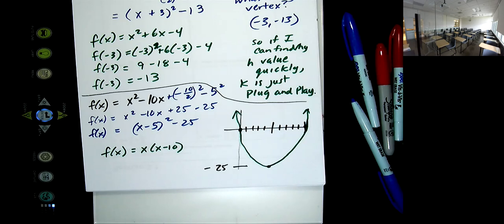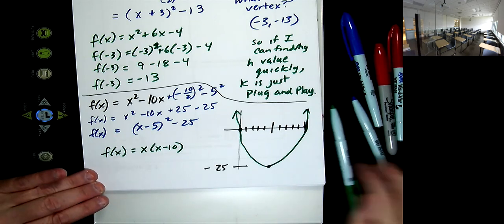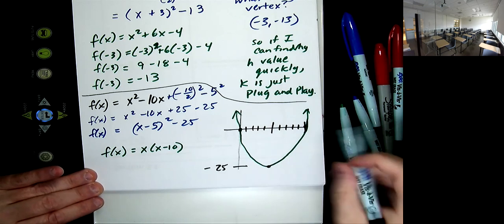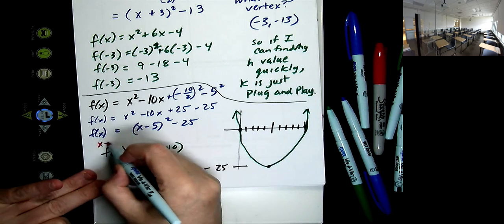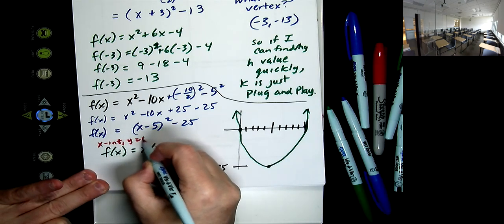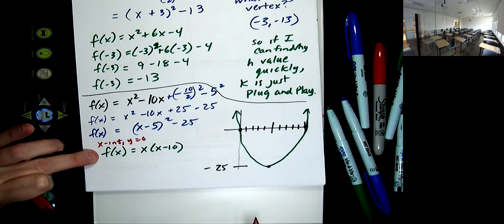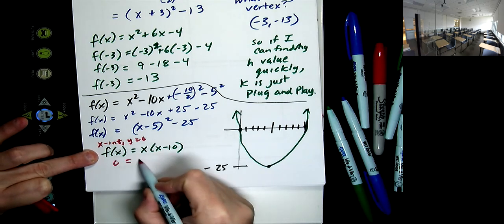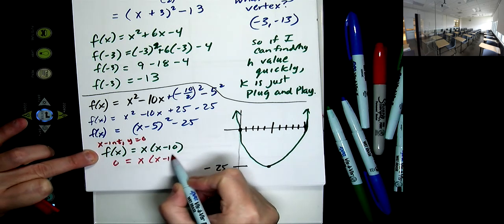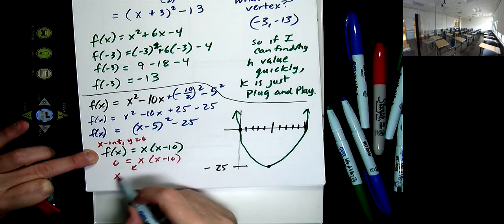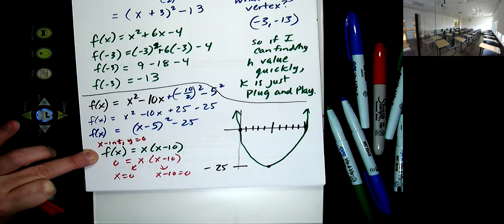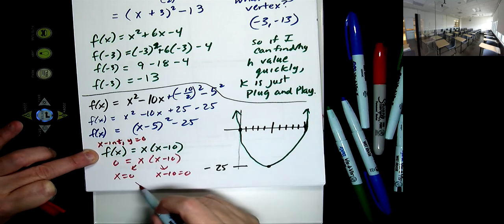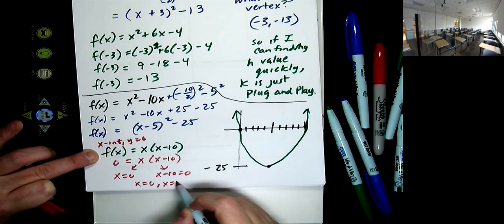And if I want to see where my y values equal 0, to find my x-intercepts, for x-intercepts, set y equal to 0, y equals f of x. So these each individually become 0. I get x equals 0 and x equals 10 as my intercepts.